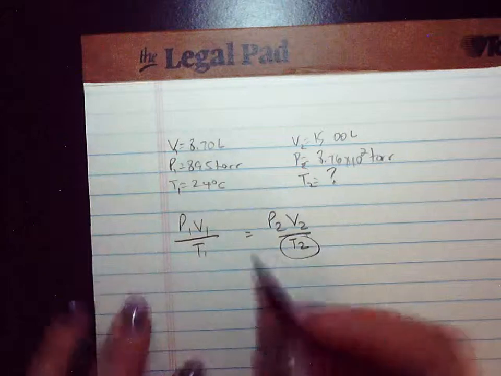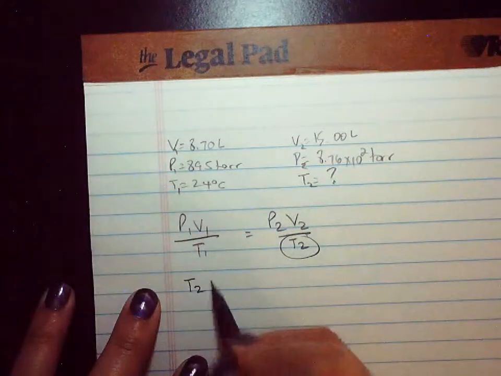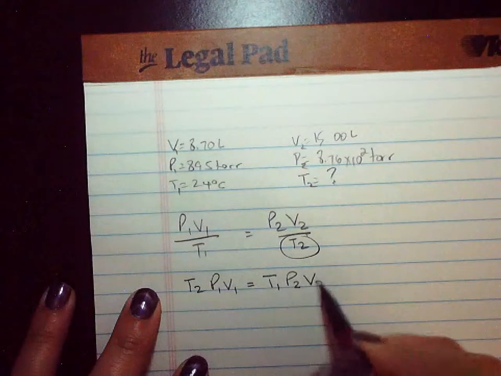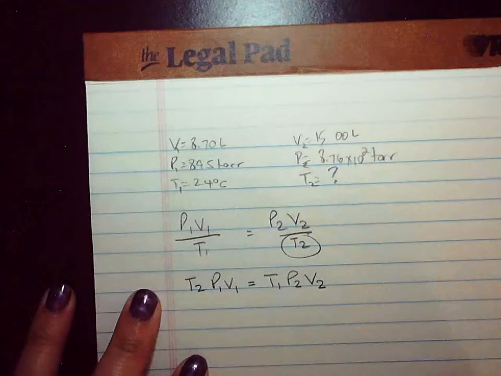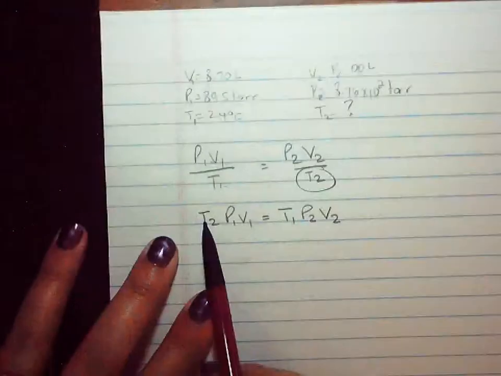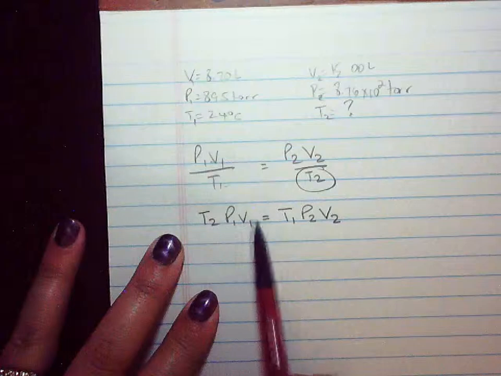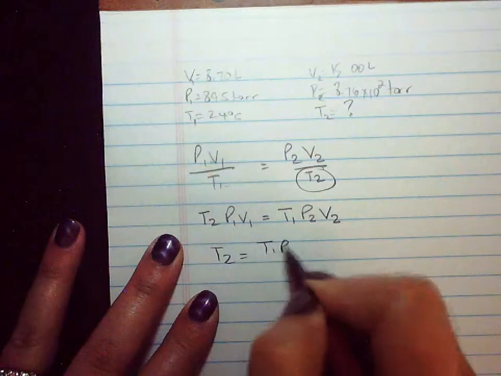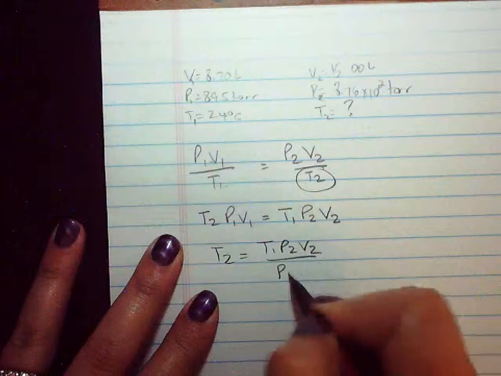You could cross multiply, right? If I cross multiply, T2 P1V1 equals T1 P2V2, right? This times that equals that times that. How do you get T2 alone? Divide by P1V1. So T2 is T1 P2V2 over P1V1.